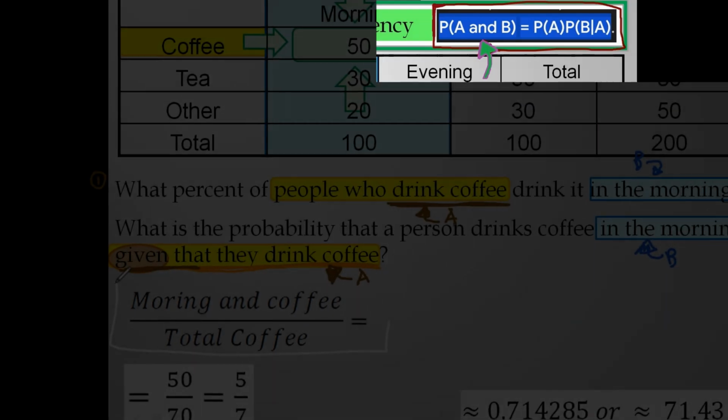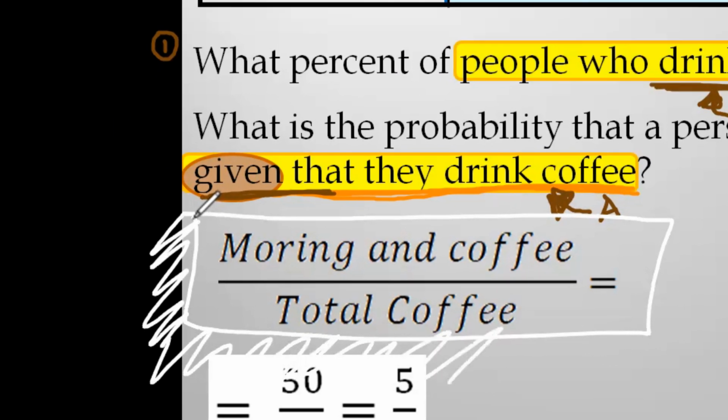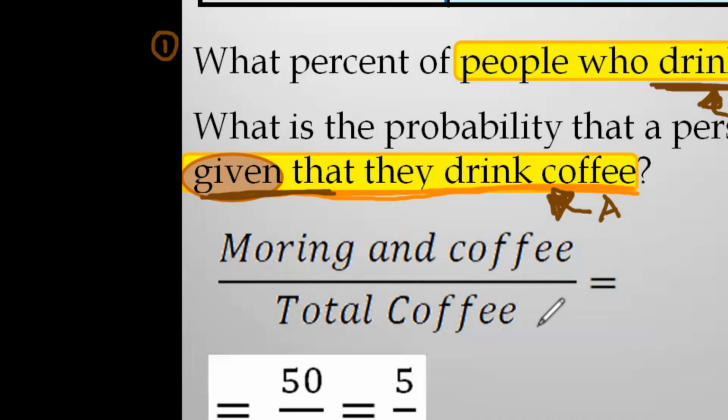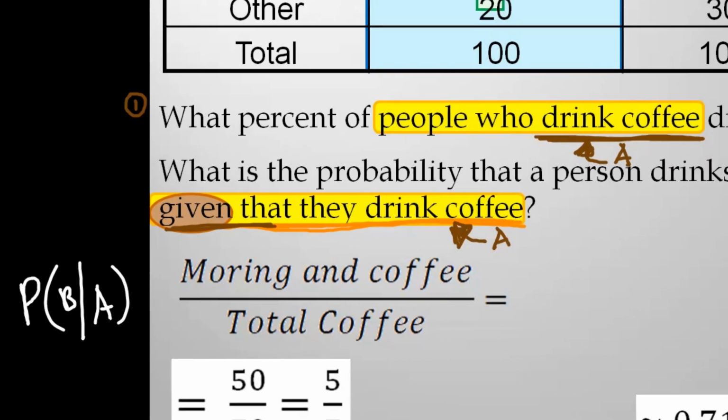What do we have over here though? When we're talking about morning and coffee divided by total coffee, this is actually the probability of B given A. So how did this come about?